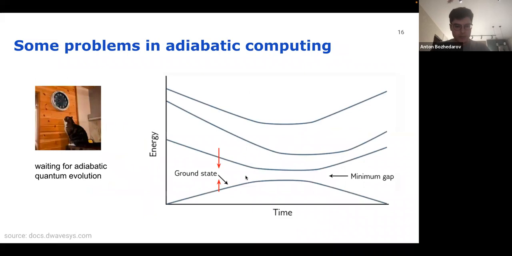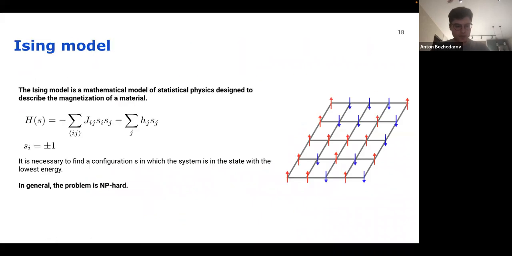When we describe this model in terms of mathematical tools, we could describe it in this way. S corresponds to the position of the spin, either along the magnetic field or in the opposite direction, so it could take values of plus or minus 1. The first part of the equation corresponds to the interaction between spins.